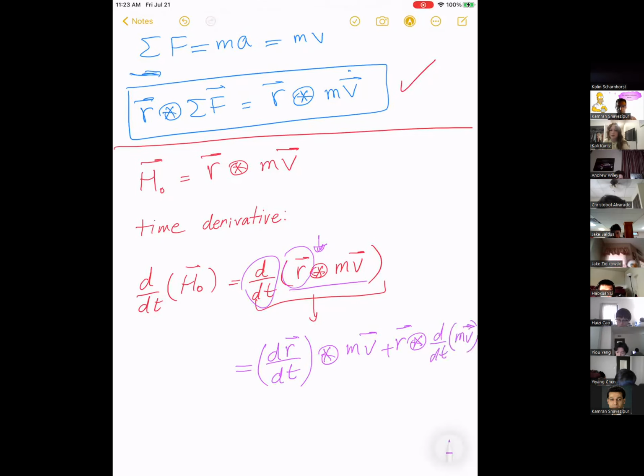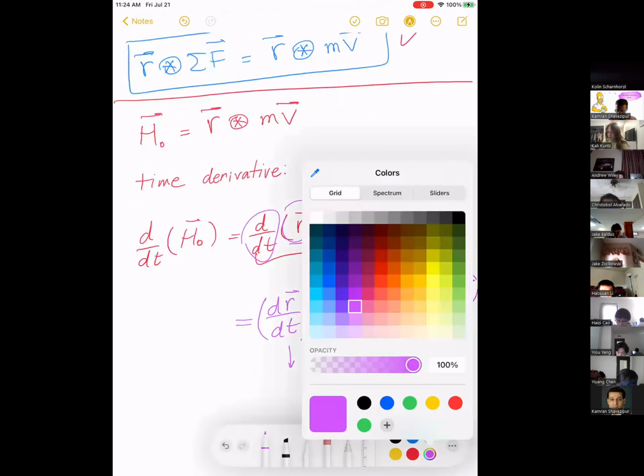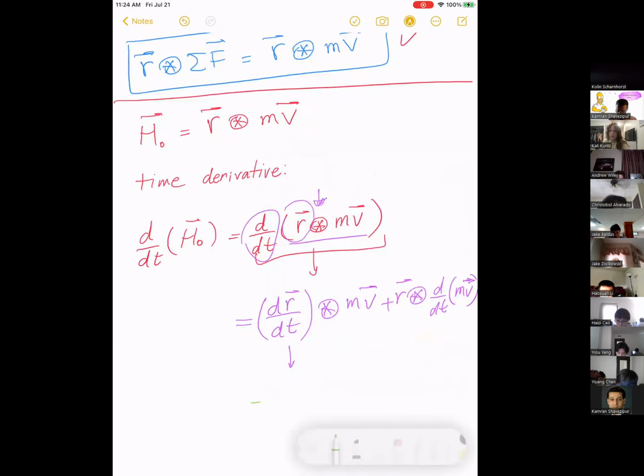It's like a regular product. How much is dr dt? The time derivative of the position vector. Velocity. So you're going to get v cross mv plus r cross m v dot, since m is constant, right? For a particle, m is constant.